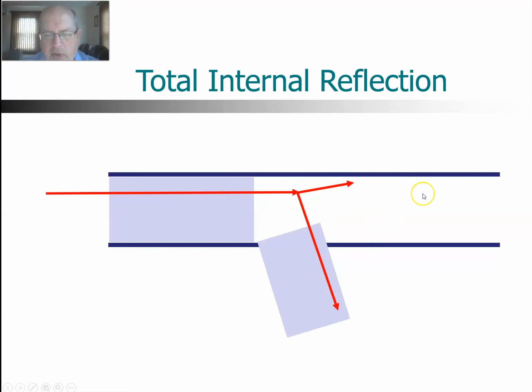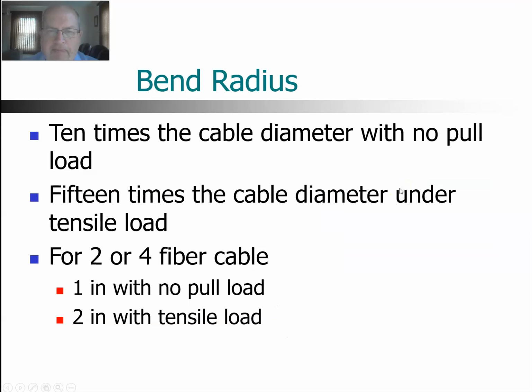So that's what you want to avoid. You want to avoid that by not bending your cable too sharply. That's a no-no with fiber optics. You have to be careful of that, particularly during installation. Okay, so you can see I had my animation out of order, but right at the edge of that fiber, some of the light is escaping out there.